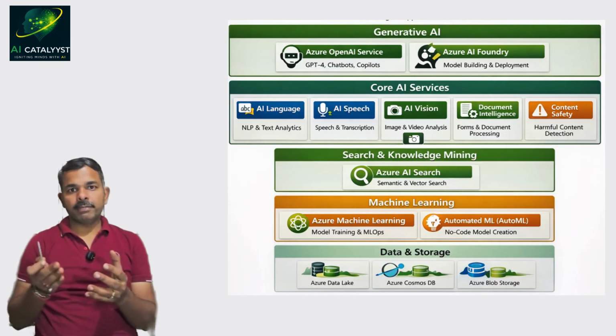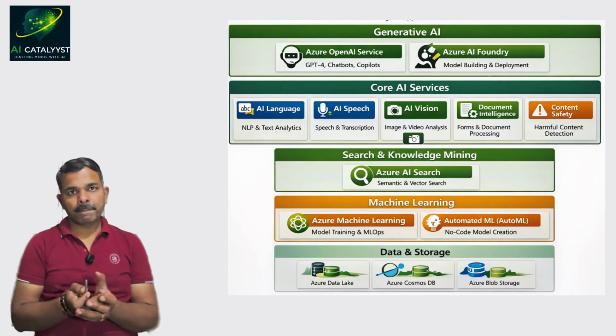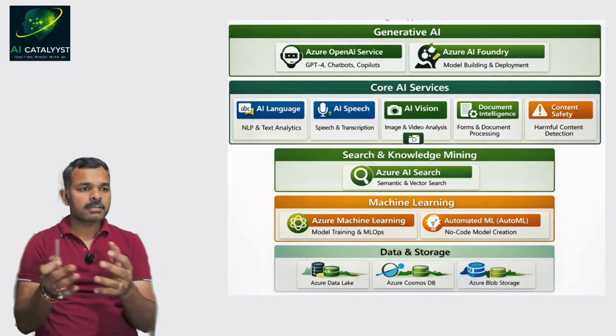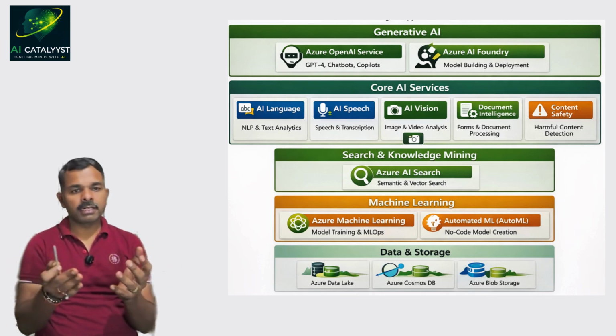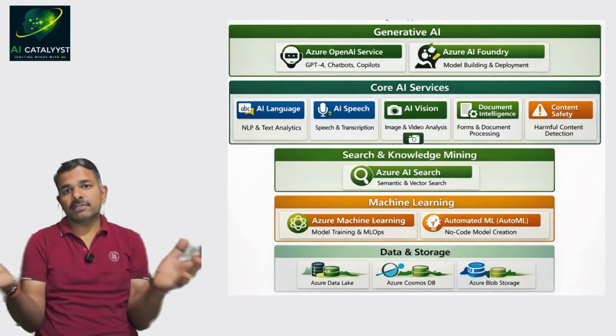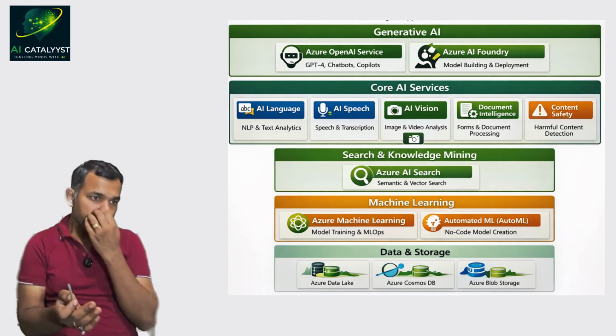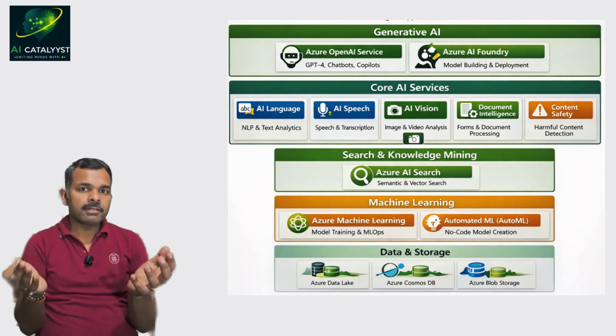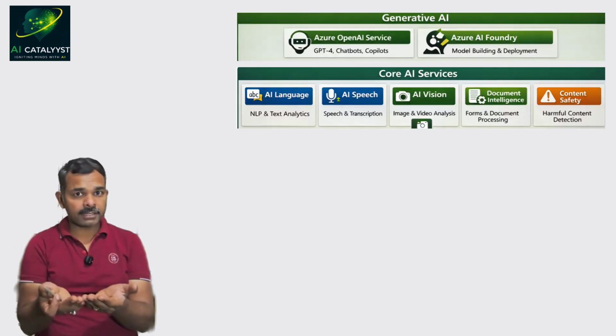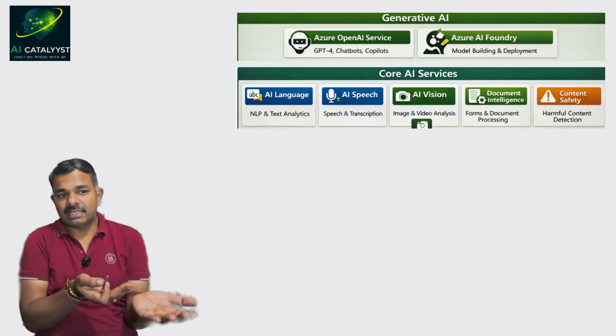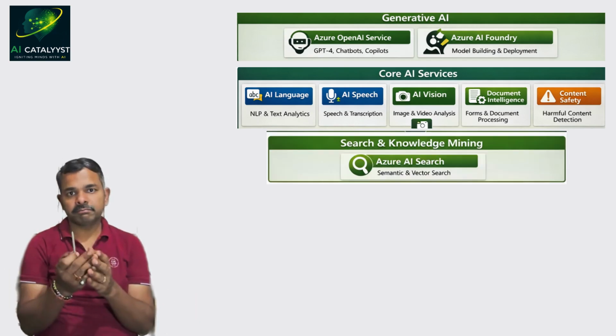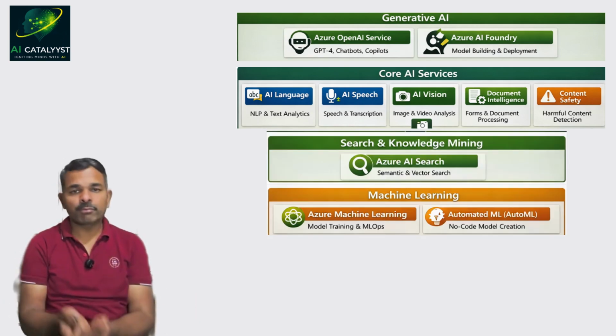So let's take a step back and look at the bigger picture again. Azure AI is not a single service, but an umbrella of multiple services underneath it. It is a layered system from Azure OpenAI to core AI services to intelligent search and machine learning, and then of course the most important, data.